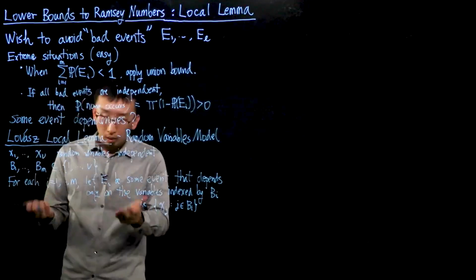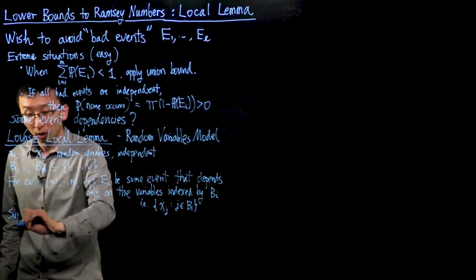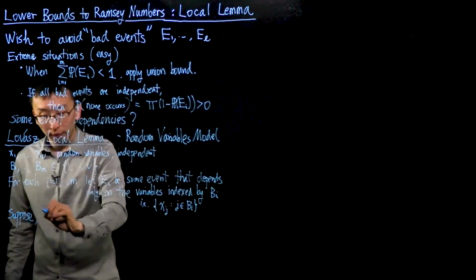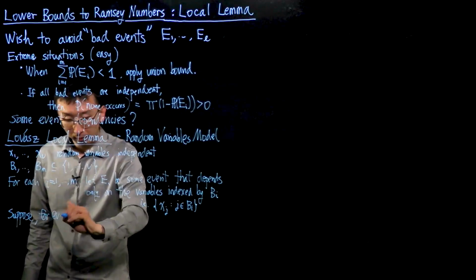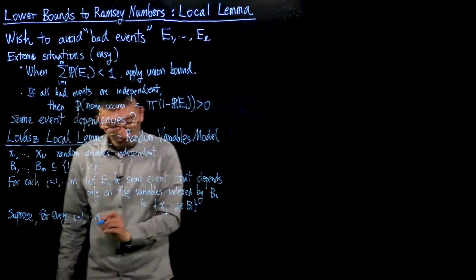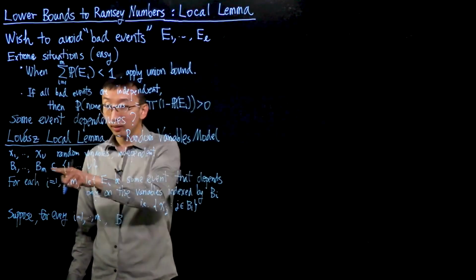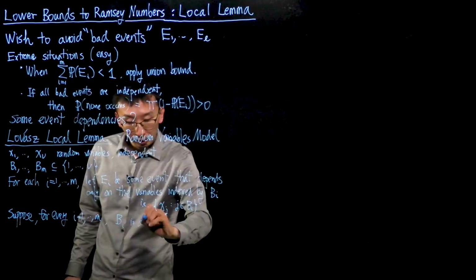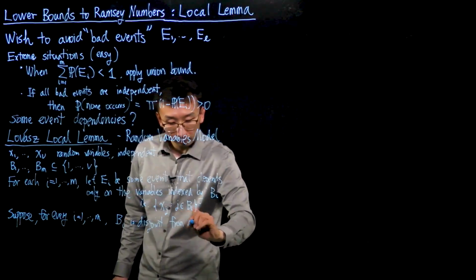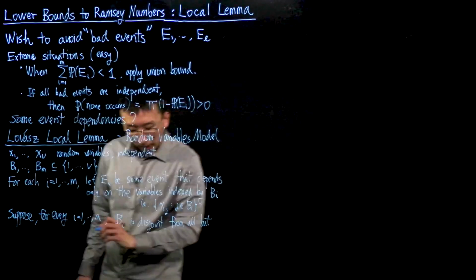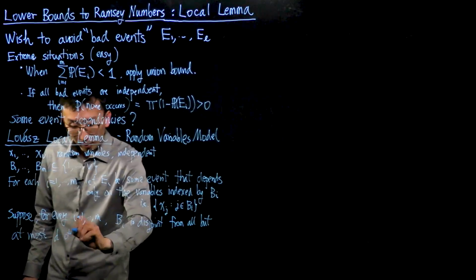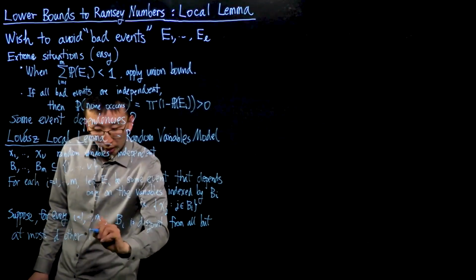Now, let me introduce some hypotheses that capture a notion of a weak amount of dependence. So suppose for every i from 1 to m, the index set Bi is disjoint from all but at most d other Bj's.